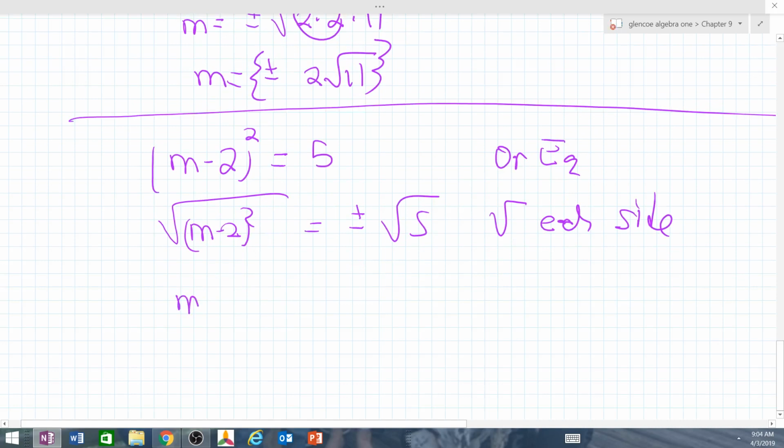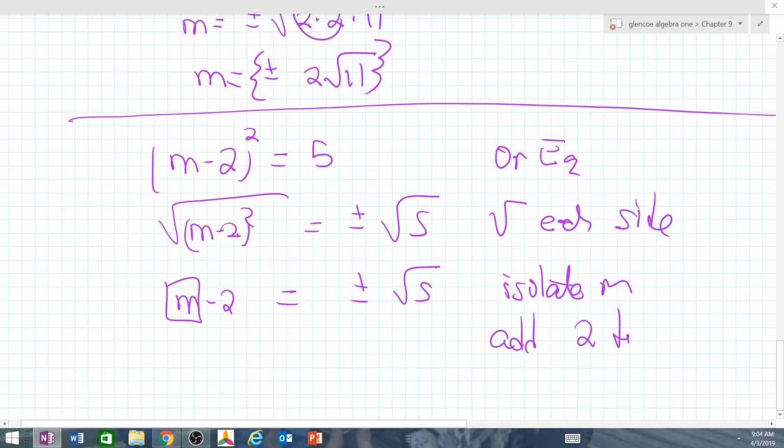And we get m minus 2 equals plus and minus radical 5. We want to isolate m. So we add 2 to each side. And we get 2 plus and minus radical 5 as our answer.